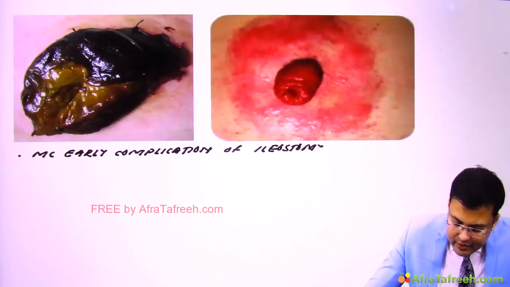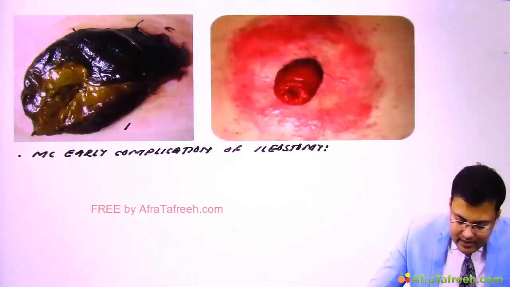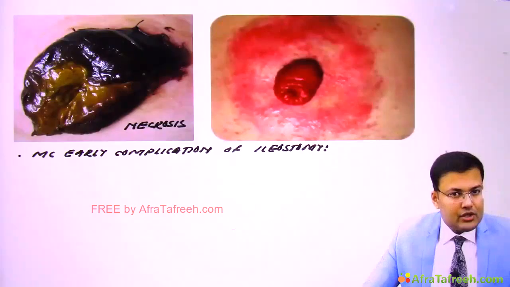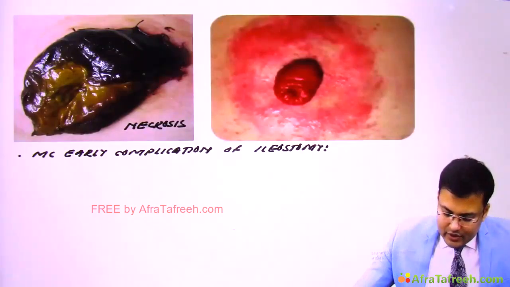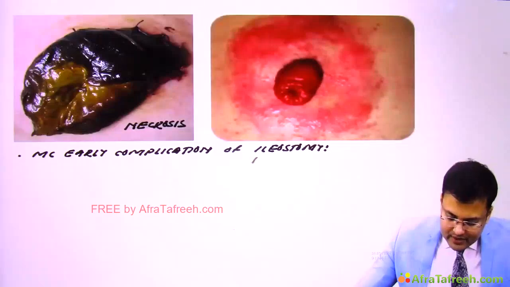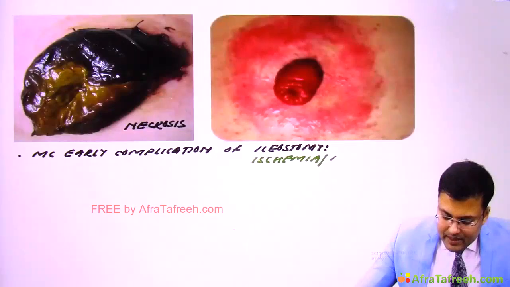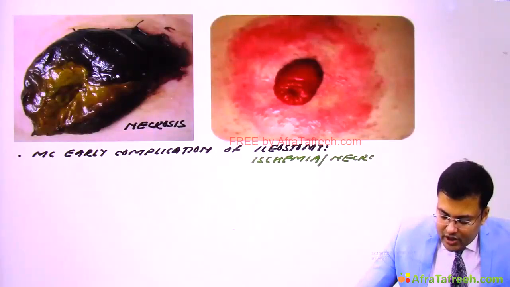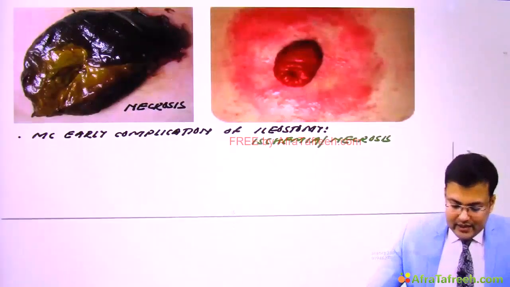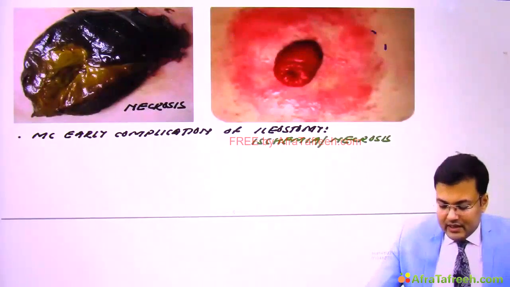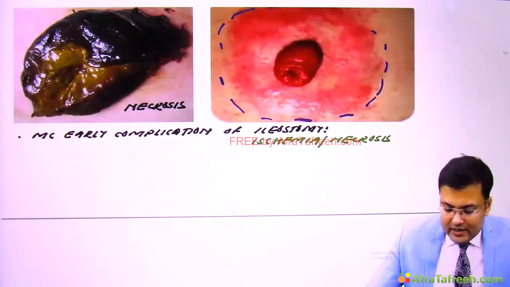Clear? Here you can see there is ischemia leading to necrosis. This is a favorite question of AIIMS. It was asked minimum 4 to 5 times. So it is ischemia. Sometimes they mention ischemia in the option, and sometimes they mention necrosis.